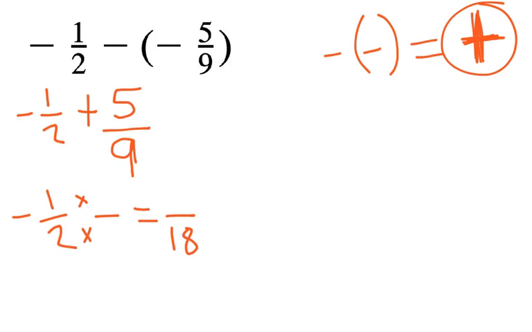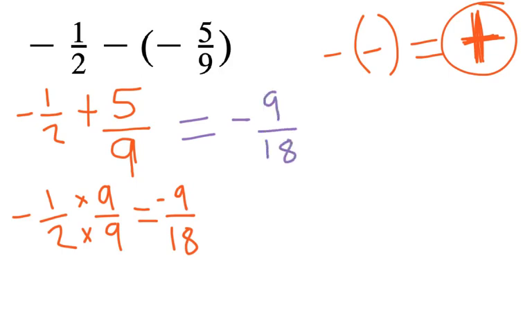Well, 2 times 9 equals 18. So if I multiply the bottom by 9, I've got to multiply the top by 9. And I get negative 1 times 9 is negative 9/18. So this is the same as negative 9/18.